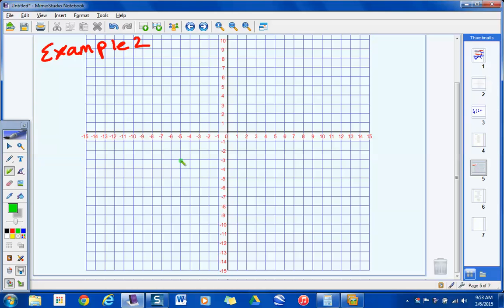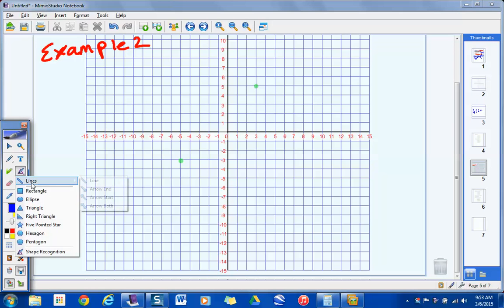And my other point I'm going to have you plot is going to be right 3 and up 5, I believe, is what I want. Yep. So those are the 2 points I want. First one, left 5, down 3. The other one, right 3 and up 5. And I would ask you guys to draw a line through that. Okay, make it as accurate or as definite or as perfect as you can.